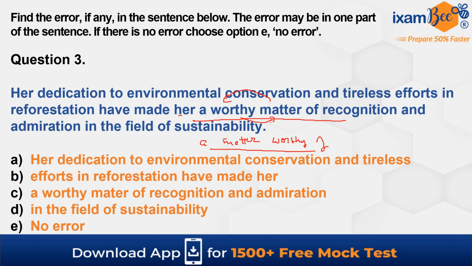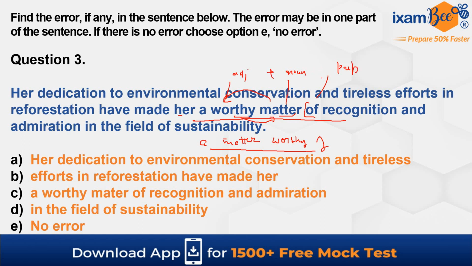So why do we do this? See, the adjective should be followed by the preposition. Okay, the adjective should be followed by the preposition. It shouldn't be the case that a noun is following the preposition. You see here that worthy is an adjective, matter is a noun, of is a preposition, right?